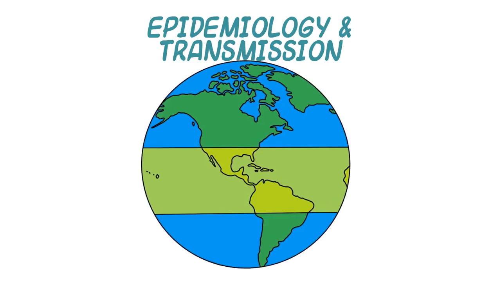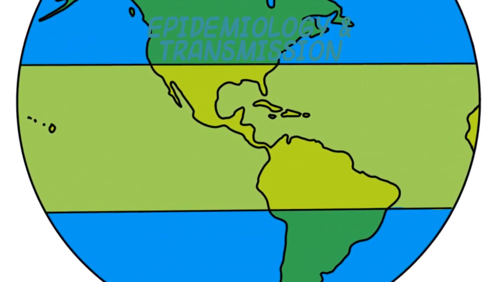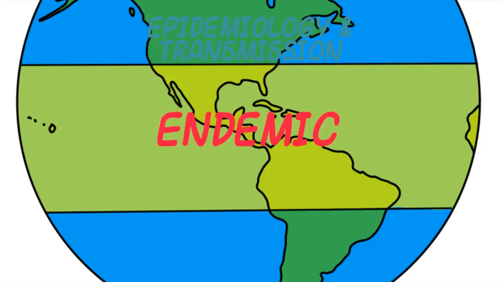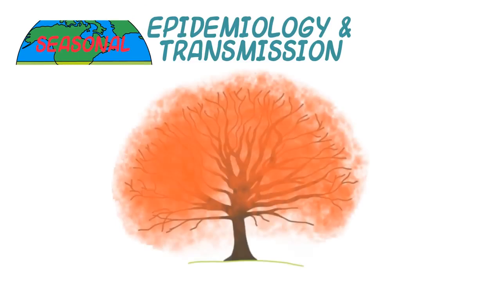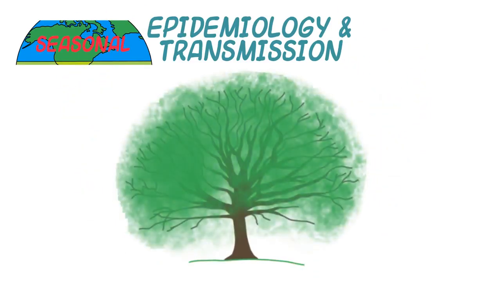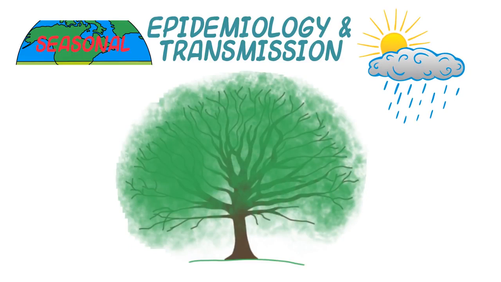Although lepto is found worldwide, one finds it more often in warm, moist climates, and as such, it is endemic in much of the tropics. In temperate regions, lepto is often seasonal, coinciding with periods of high rainfall.